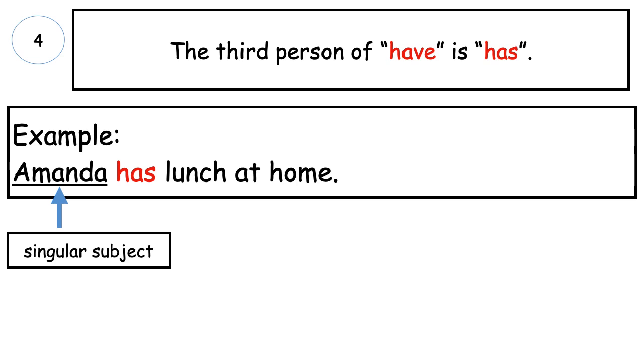Jadi iaitu he, she, we and they. Okay, ada 4 kan? Tapi perlu tengok sama ada subjek dia satu atau banyak. Okay, kalau satu, contoh Amanda. Amanda kita guna she kan? Jadi kita guna has. Amanda has lunch at home.